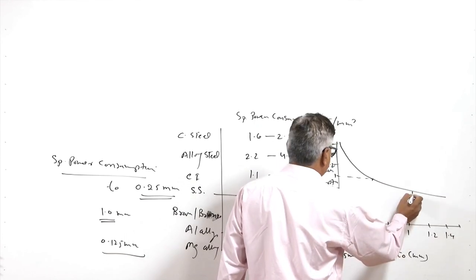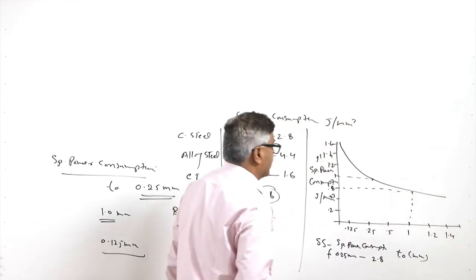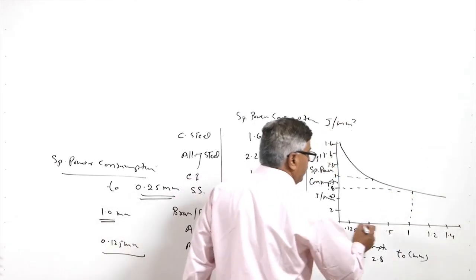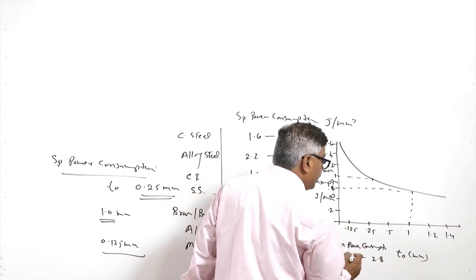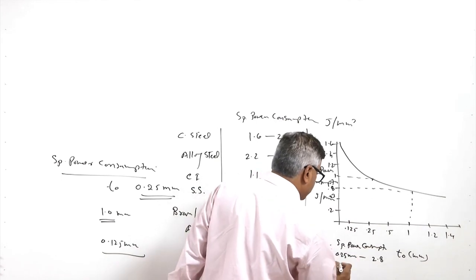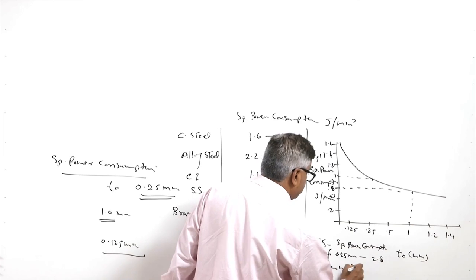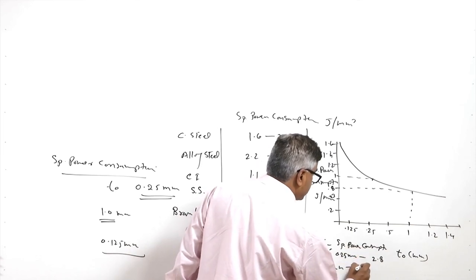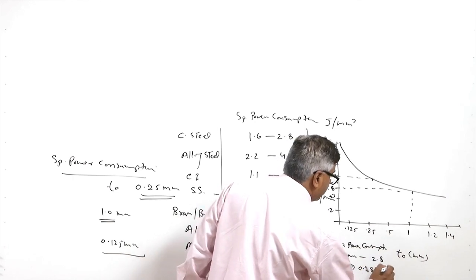In that case, what we need to do is obtain the corresponding value of the correction factor. When we work with higher uncut chip thicknesses, the correction factor will be lower. So, for 1 mm uncut chip thickness, the correction factor is say 0.8. This needs to be multiplied with the 2.8.